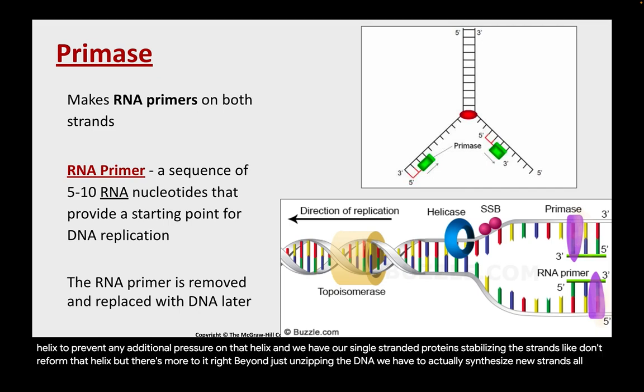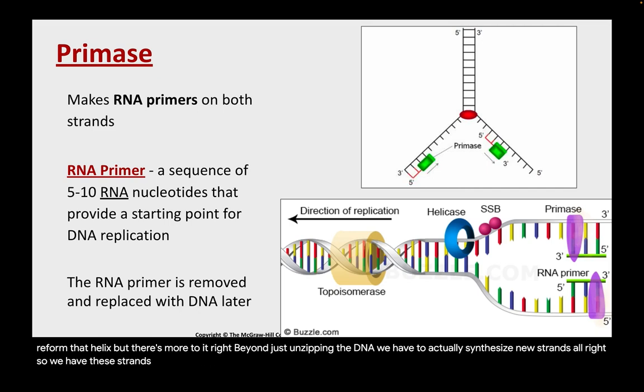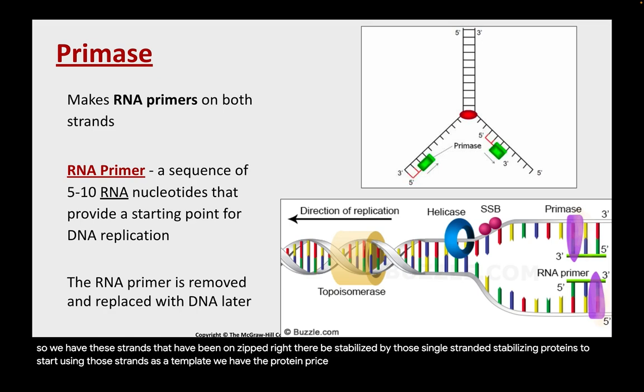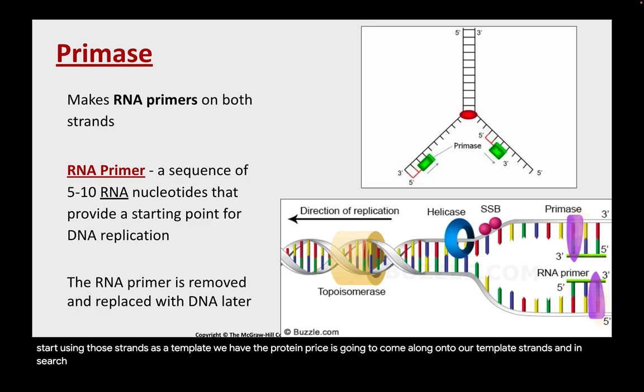All right, so we have these strands that have been unzipped, right? They are being stabilized by those single-stranded stabilizing proteins. We need to start using those strands as a template. We have the protein primase, right? Primase is going to come along onto our template strands and insert a short sequence of RNA primers, which are just RNA nucleotides, right?